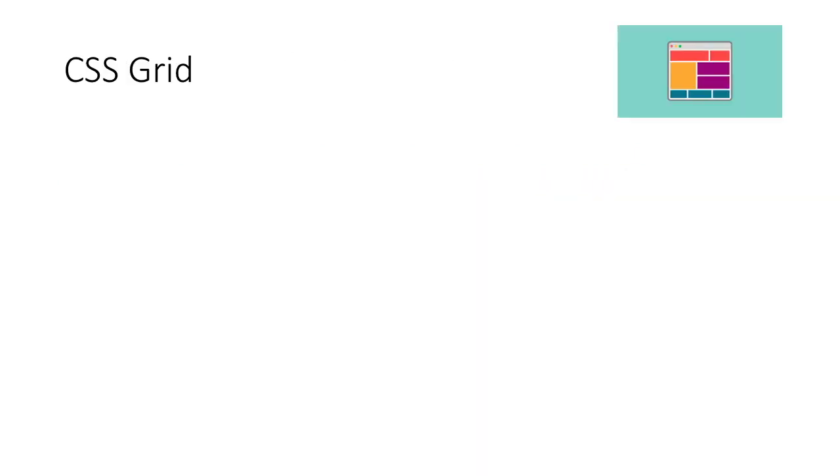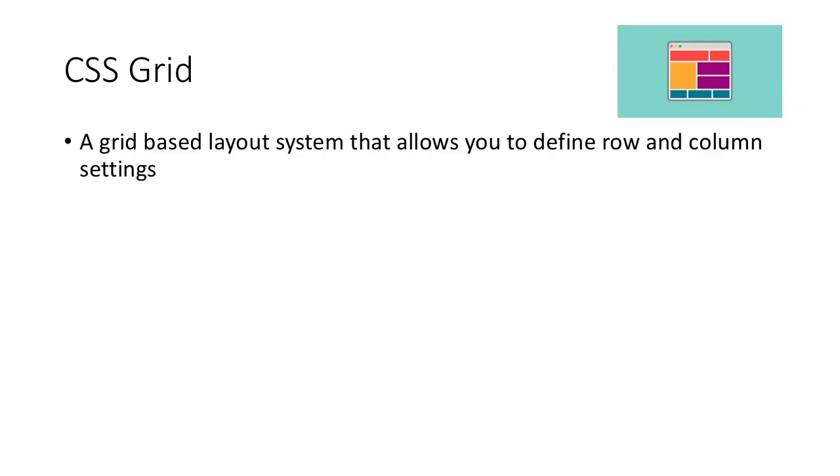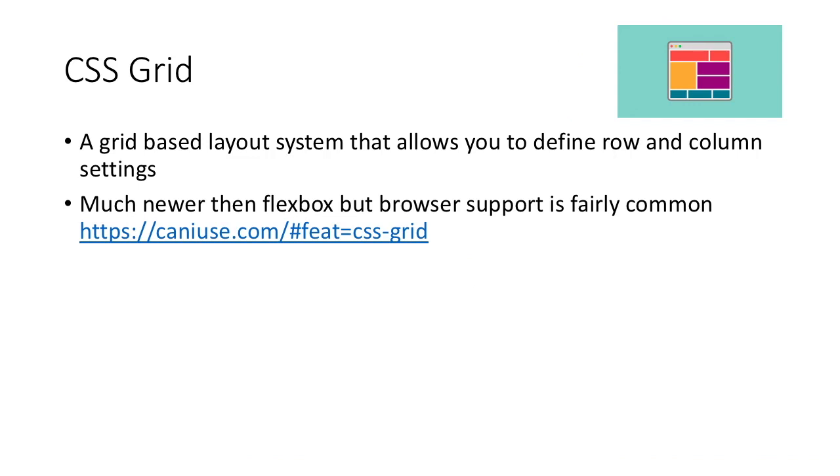So that was Flexbox. And now we're getting right into CSS Grid. CSS Grid allows you to define both row and column settings. And like you can see here, this is kind of what we were talking about last time we met, with how we had a header, sidebar, some content, footer, and whatnot. This gives you an easier way to define that.